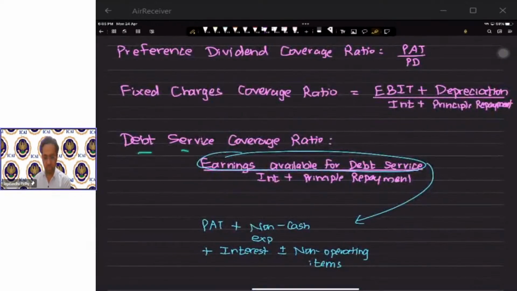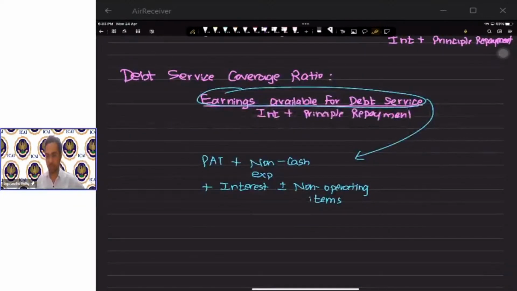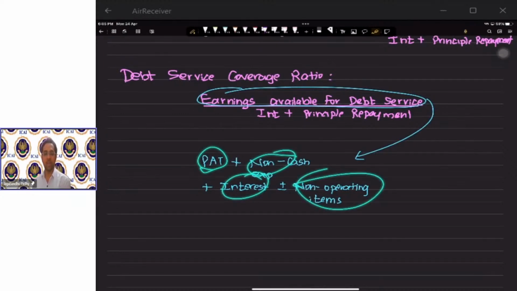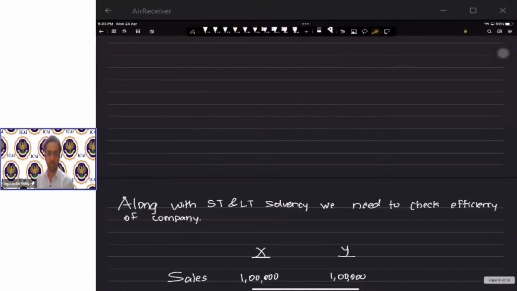Debt service coverage ratio is earnings available for debt service upon interest plus principal repayment. Okay. Now earnings available for debt service, for that we have PAT plus non-cash expenses plus interest, and we also add or subtract the non-operating items.